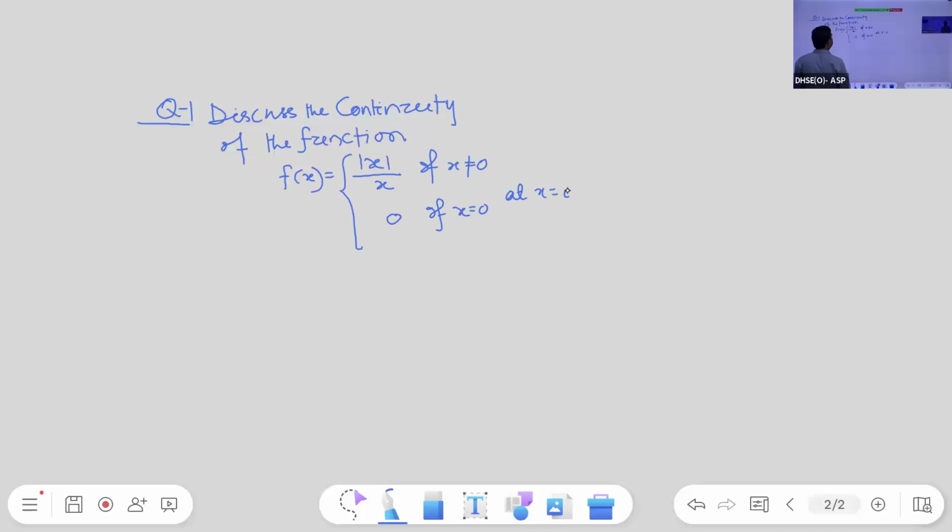Okay. Discuss the continuity of the function f of x is equal to mod x by x if x not equal to 0, 0 if x is equal to 0, at x is equal to 0. This function is called signum function.